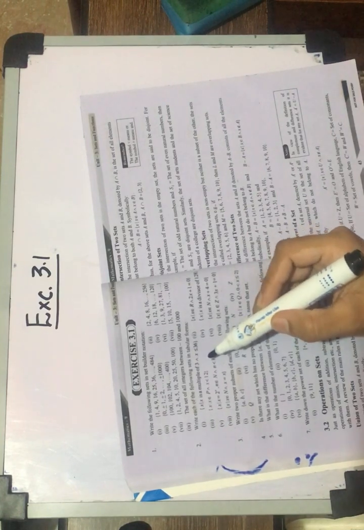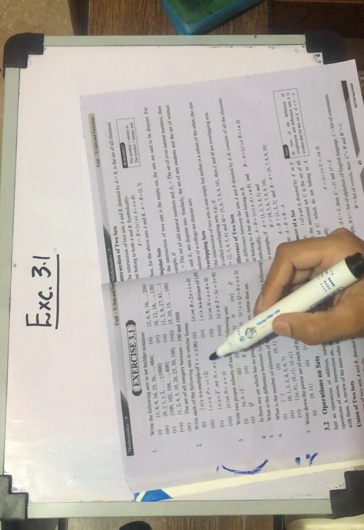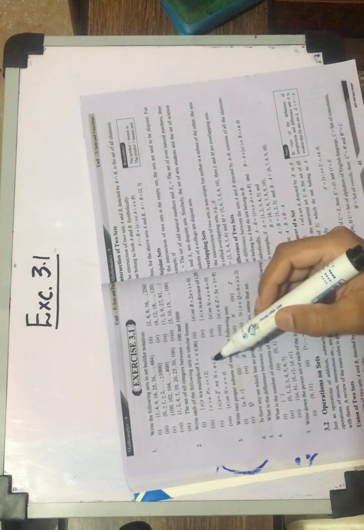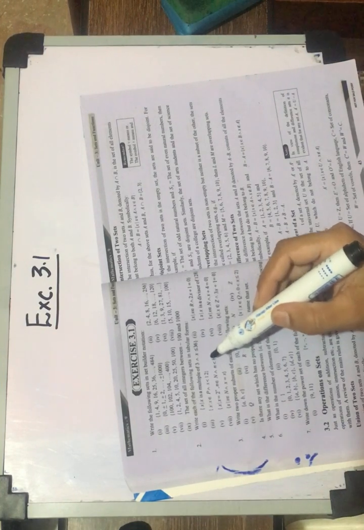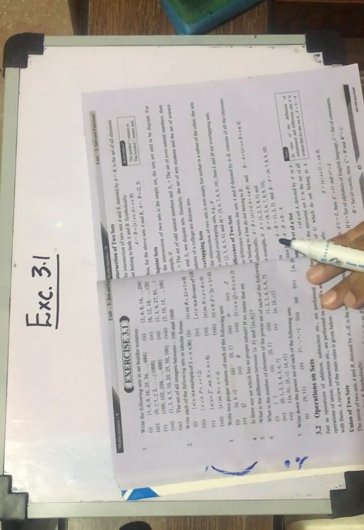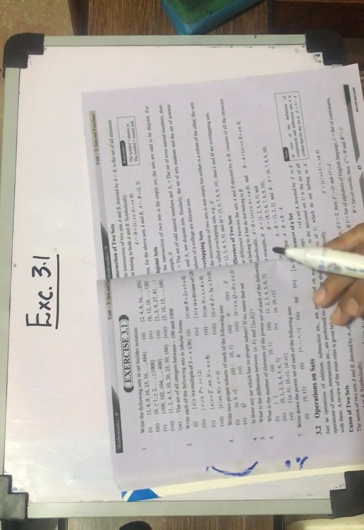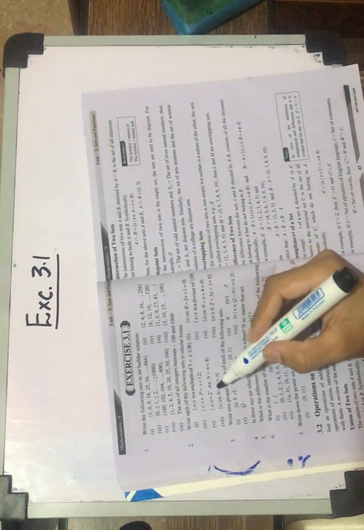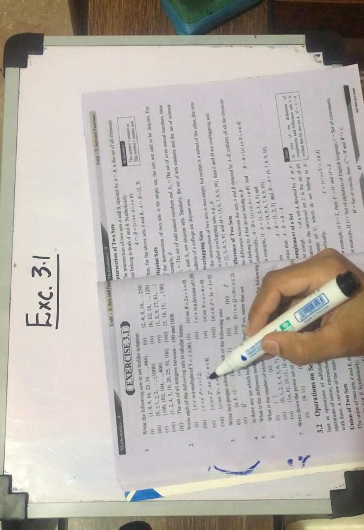So you have to recall them by using the link given in the description box by me. So click on it and do them clear, tabular form and set builder form.